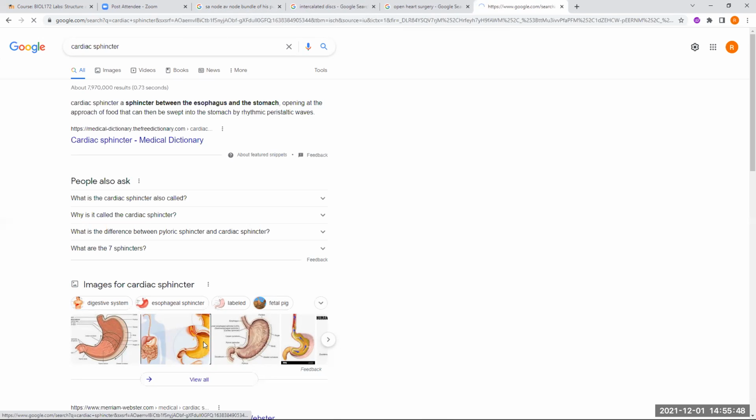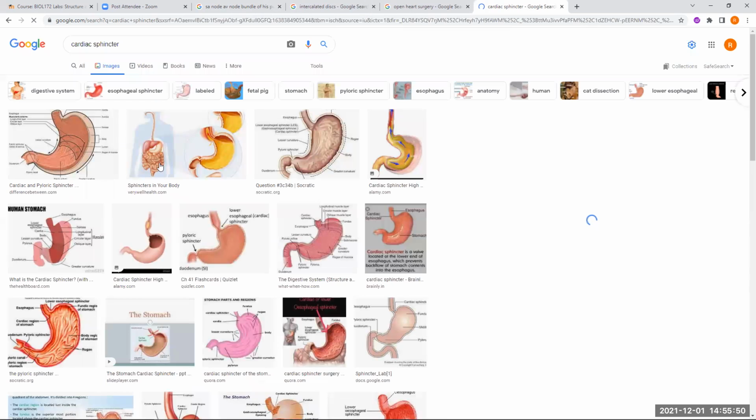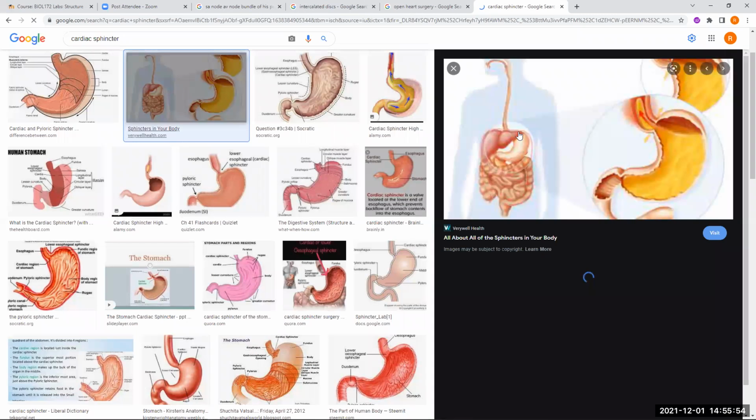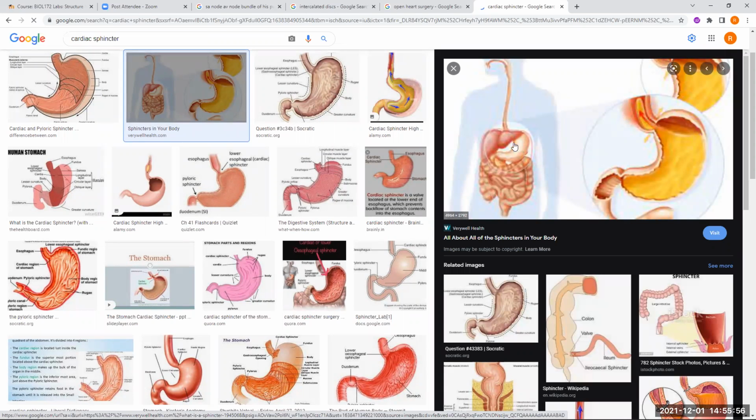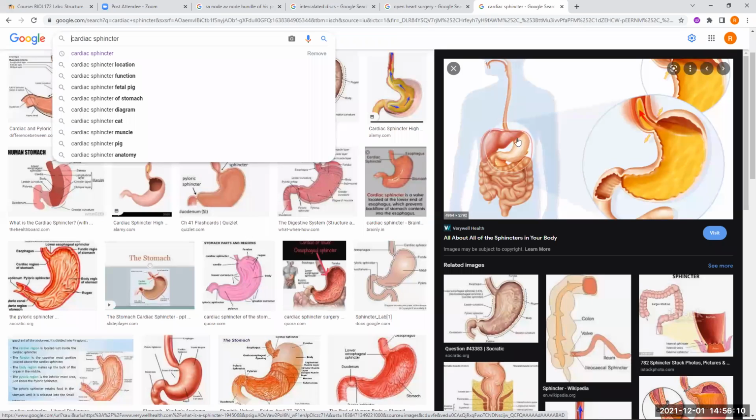Let's see its position here. Here's the stomach, which is inferior, because the heart is up here, and inferior to it you have this one. So this is the cardiac or the esophageal sphincter.